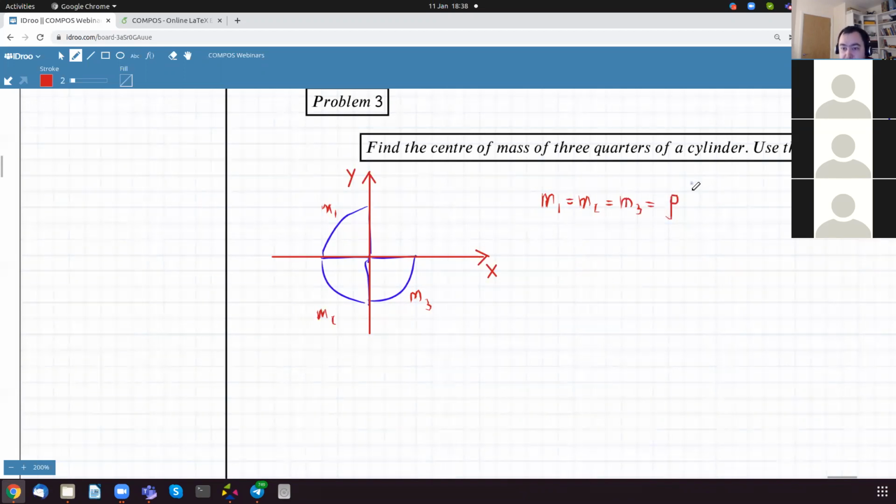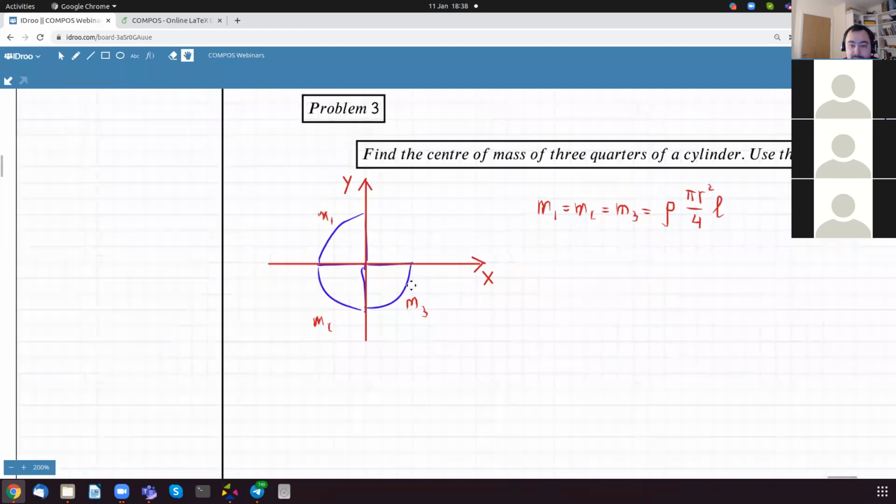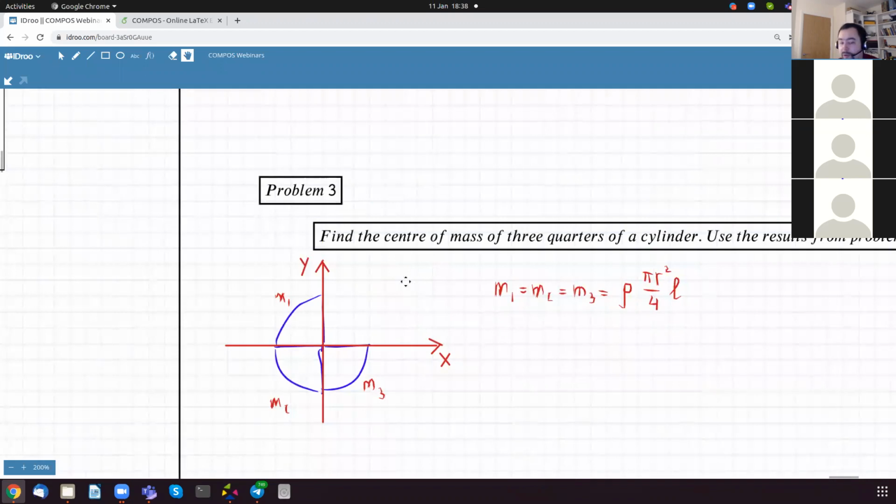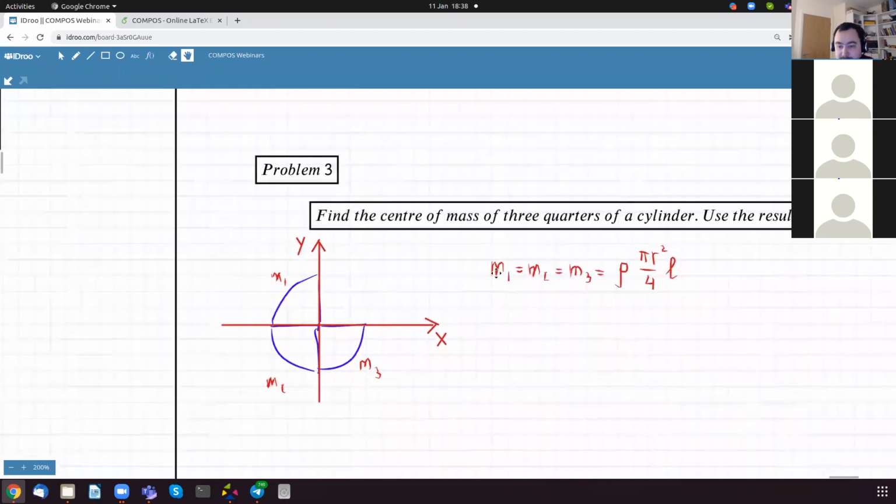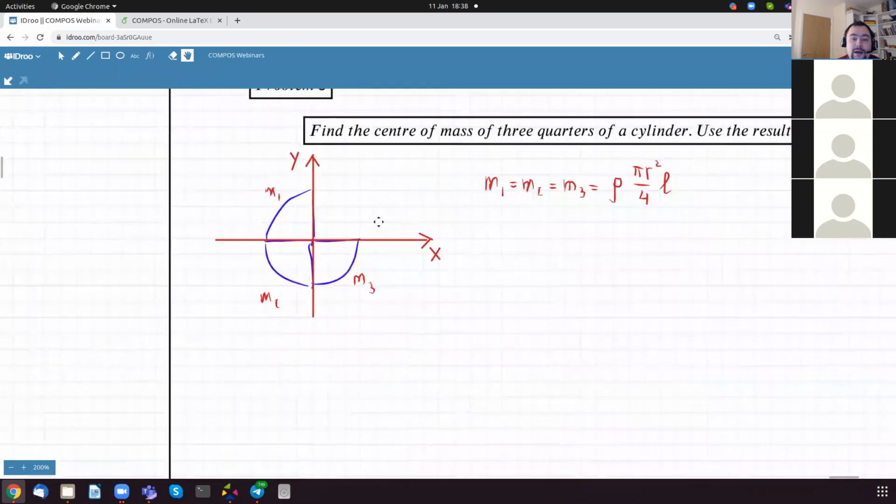Density times pi r squared divided by 4, because it's a 1/4, times the length of this cylinder. Once again, it's a 3D problem, but we're just looking at the 2D cross section. So the masses are the same, and now we need the coordinates. Let's say the coordinates of the centers of masses, not the coordinates, but the radius vectors.